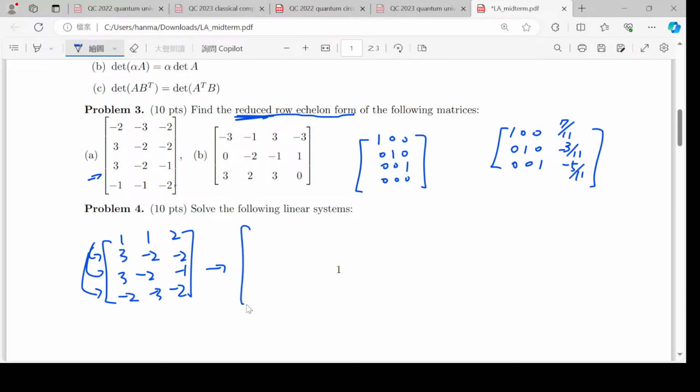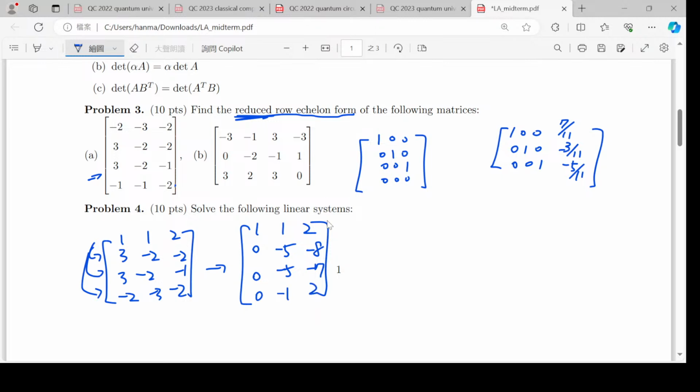And that will give me 1, 1, 2, and so -3. So I should have all 0 here, and -3, so it becomes -5, and -3, -6, -8, and 0, -5, and -7, and +2. So it should be -1 and +2.